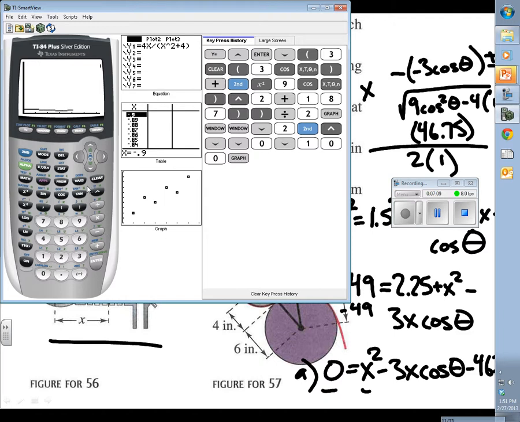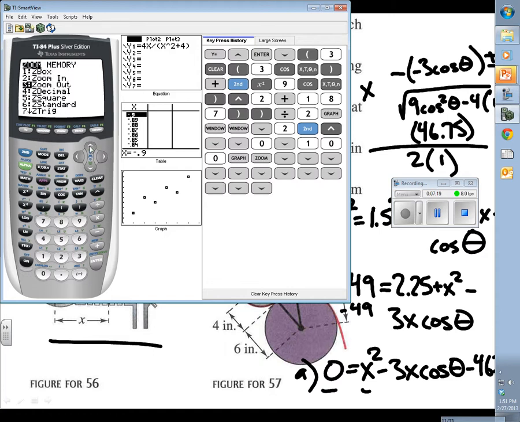All right, so clearly 100 is too tall, and so we can do a zoom fit. And zoom fit adjusts for your y values for the top and the bottom, so you get a nice curvature just like this.